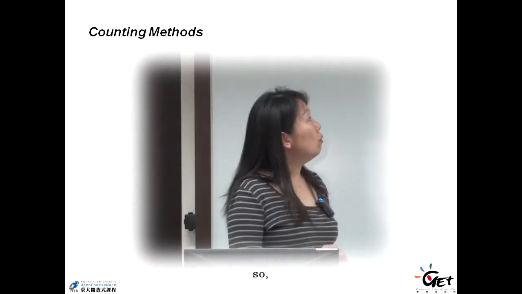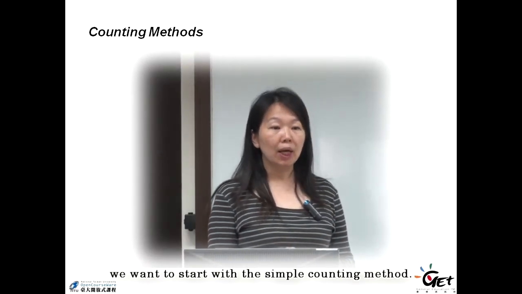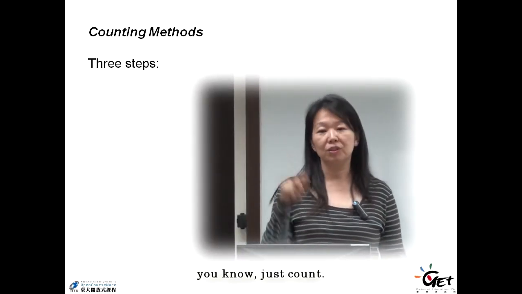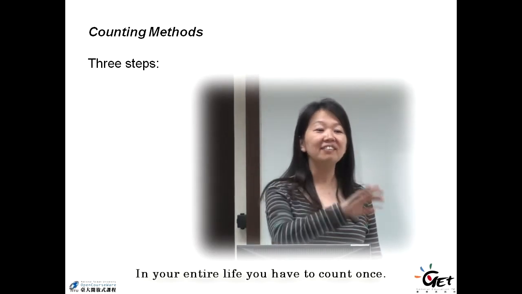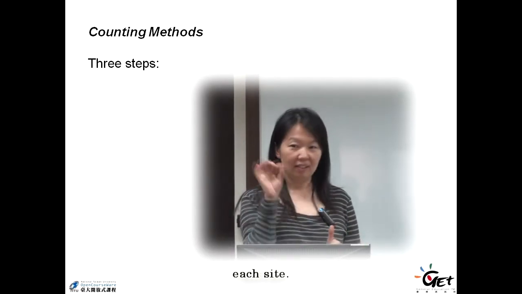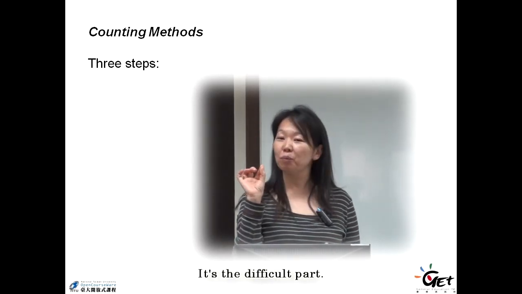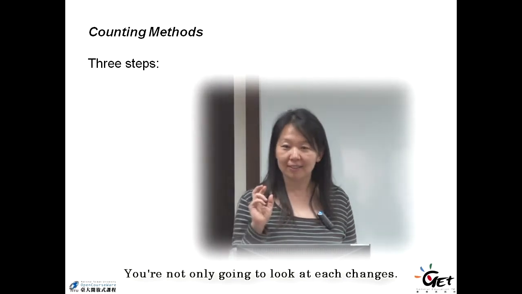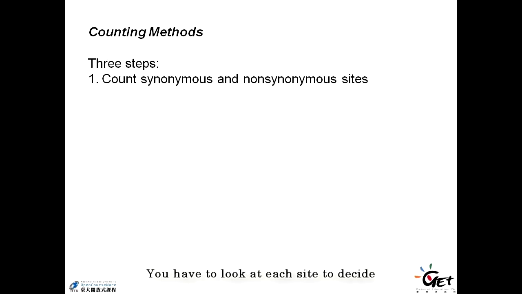Okay, so we want to start with the simple counting method. Counting method, by definition, you just count. That's why in your entire life you have to count it once. So you have to count each site. It's the difficult part. You're not only going to look at each change; you have to look at each site to decide whether it's a synonymous or non-synonymous site.